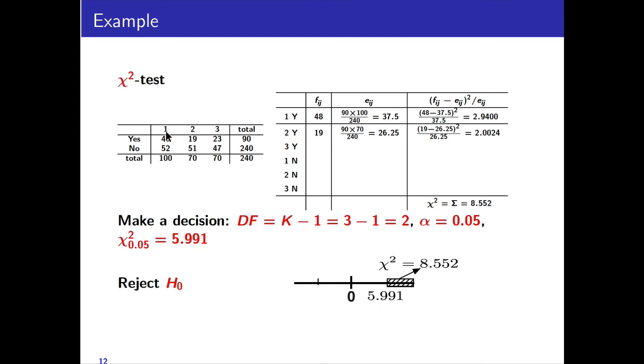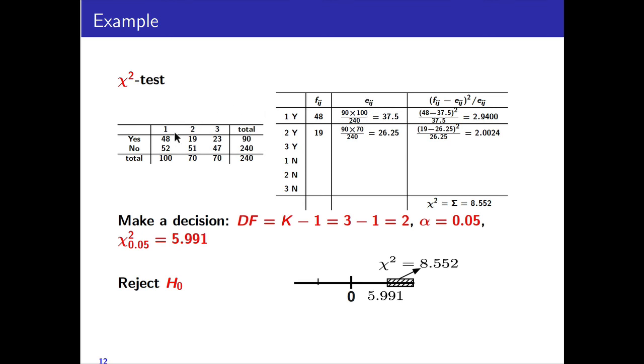From the sample result table, we'll be able to find the given frequency. So you have 48, 19, 23, etc. And for each of the cells, we need to compute the expected frequency.